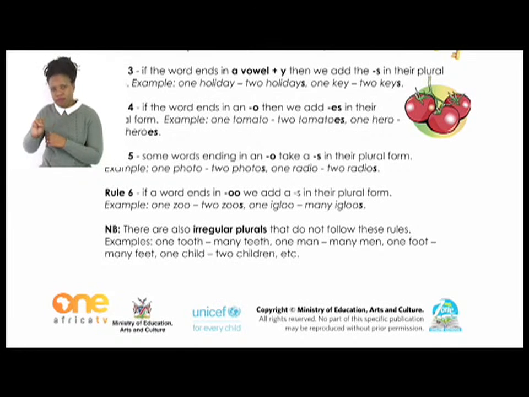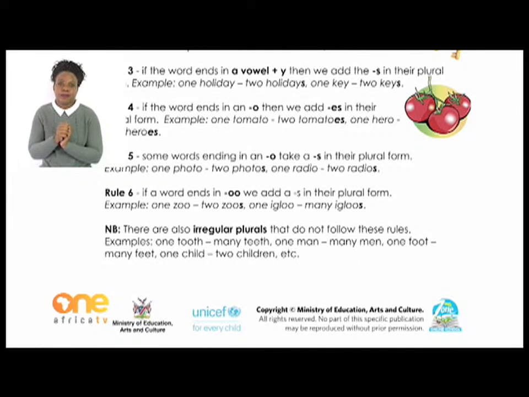Rule number 6. If a word ends in double O, we add an S in their plural form. Double O, we are just adding an S in their plural form.